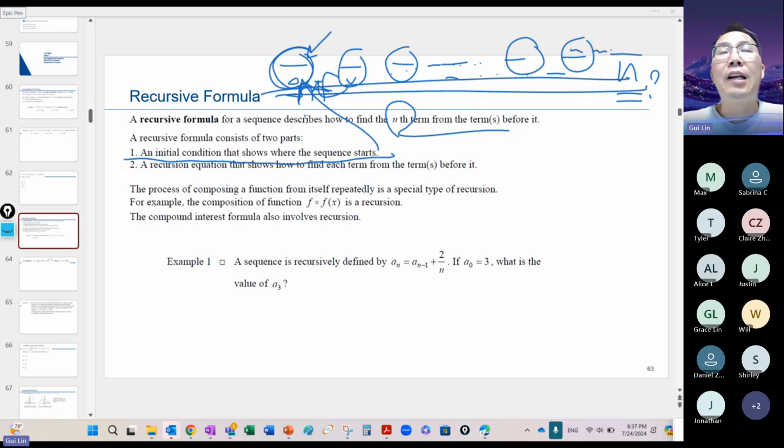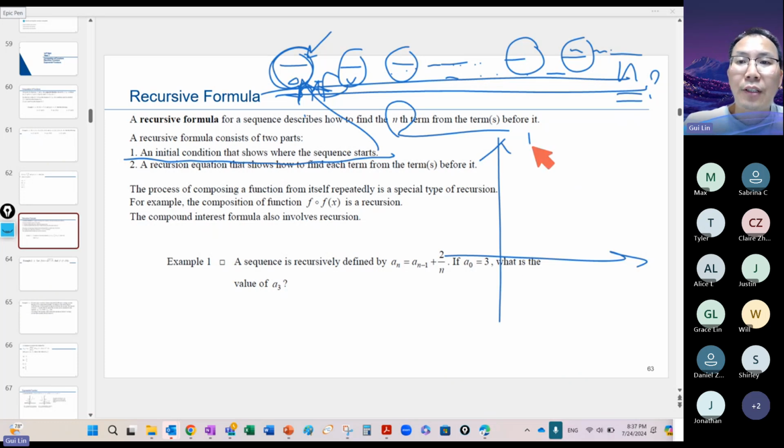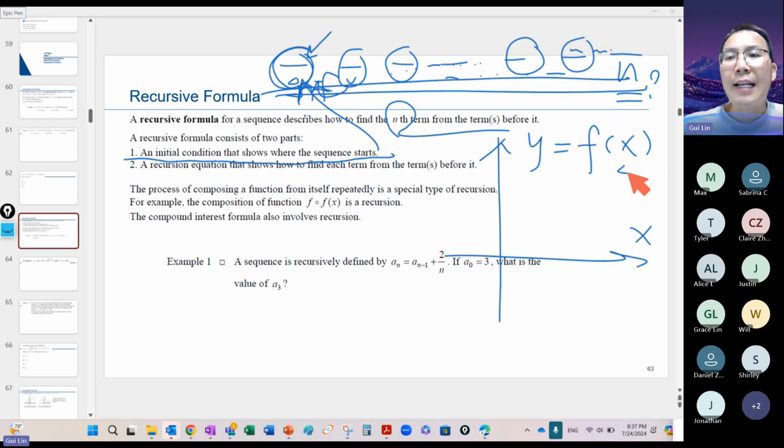With a function, when x equals 0, x equals 1, 2, 3, 4, you get the answer based on the function. That is directly related to x. It's an x, y kind of function, so y equals a function of x. Whenever x is given, you can determine y through the function. Does anyone understand this step?